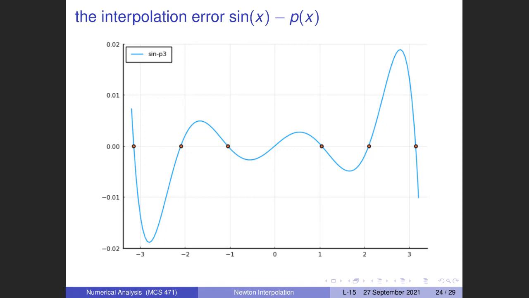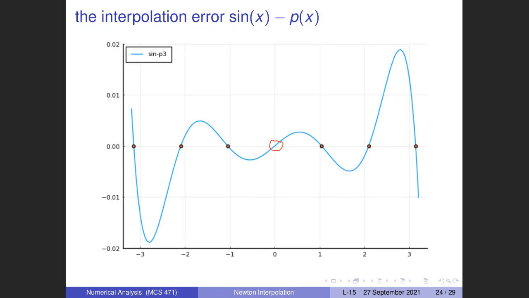So this is the free point that we got, and of course, this is kind of a bonus. We didn't impose this, and quite naturally, the interpolation error through 6 points has actually 6 roots. The interpolation error is 0 at these 6 roots.